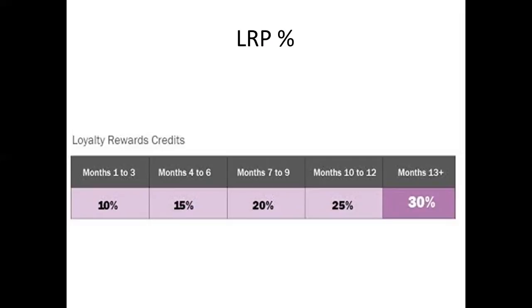So if you spend 50 PV, it's about £35, you'll then get 20% back in points. And then this goes up to 25% after 10 months, so that by the end of 13 months, on top of the 25% that you're getting off the cost of the oils for your wholesale account, you're getting a 30% further back in product points.